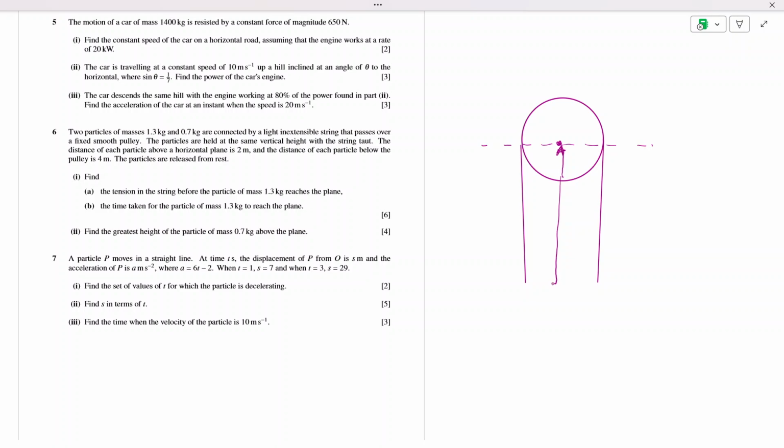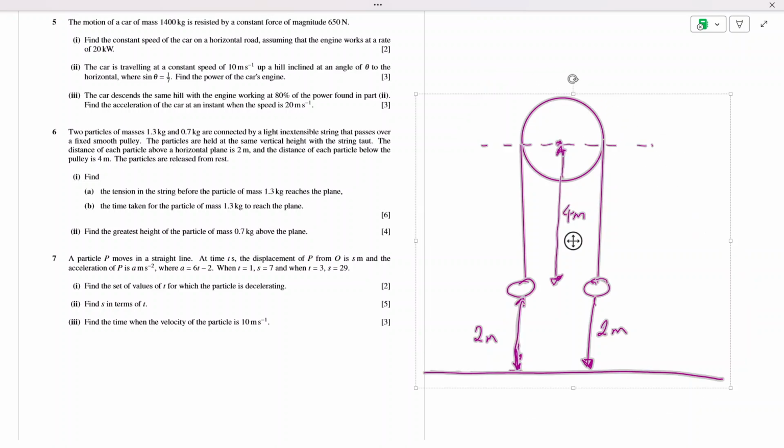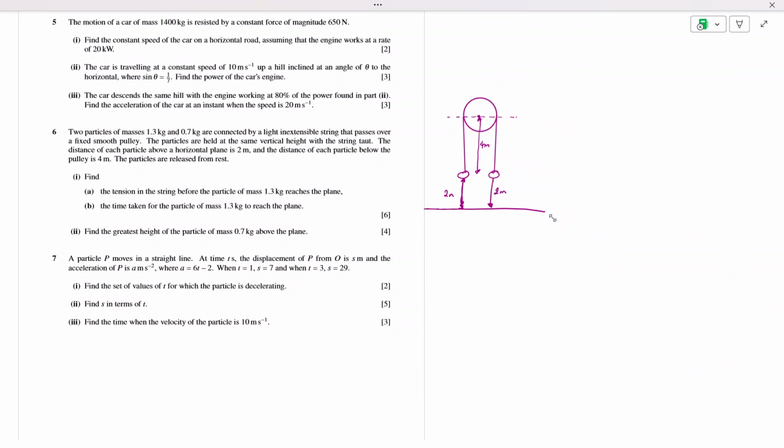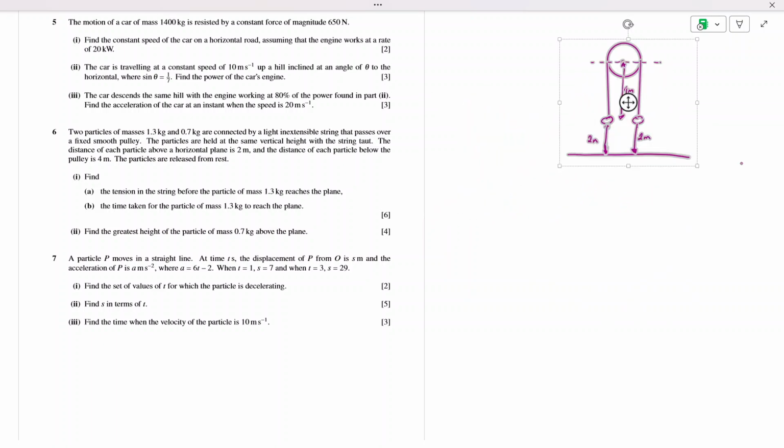Then we have our particles. Then the distance to the floor, just to the horizontal plane, is 2 meters. That's the scenario that I have.